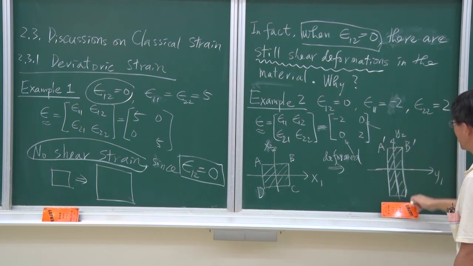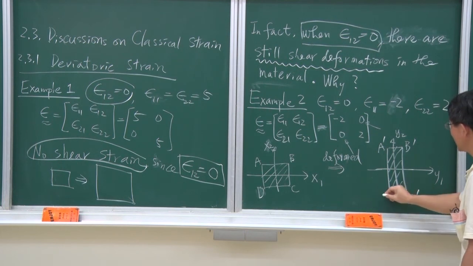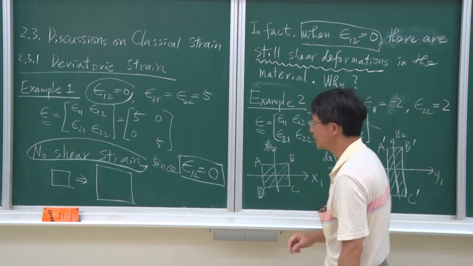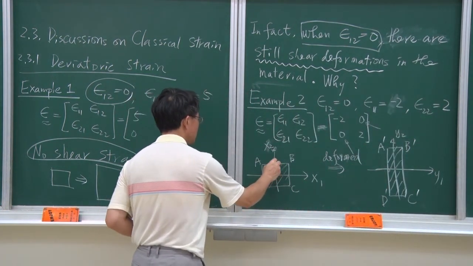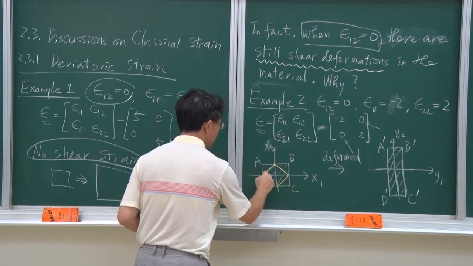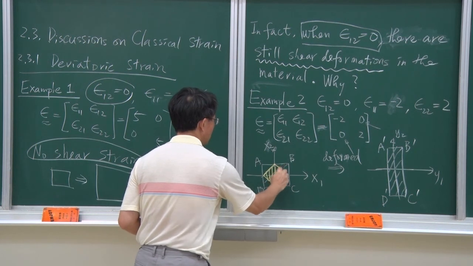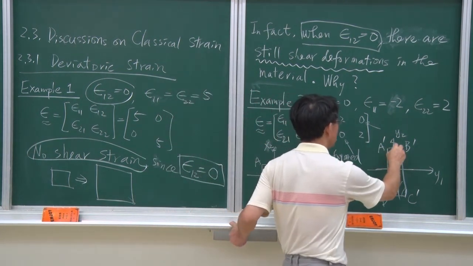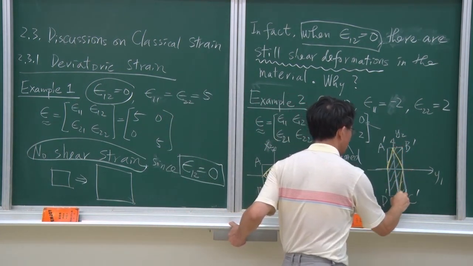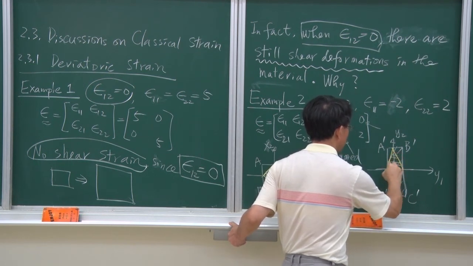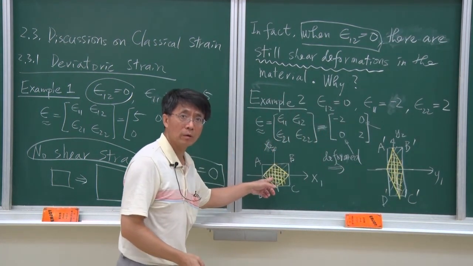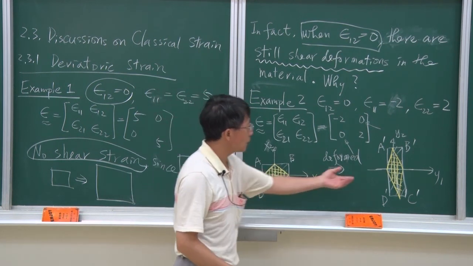A', B', C', D'. So see here, we still have shear deformation because if we draw a square inside the body, then you will find out that this yellow material already deformed in this way.